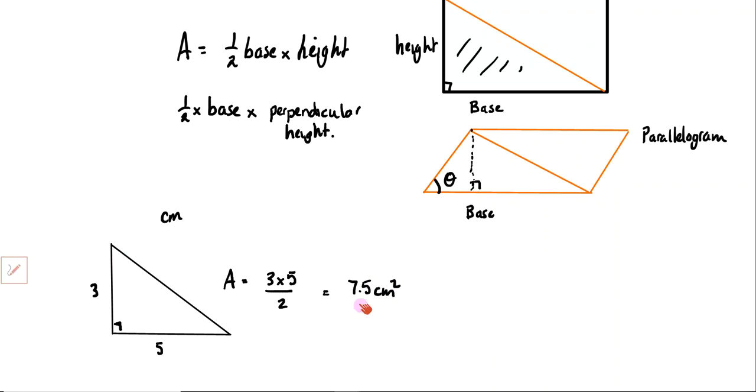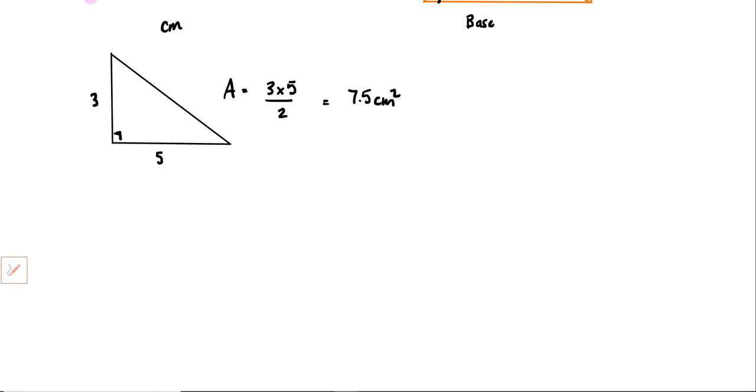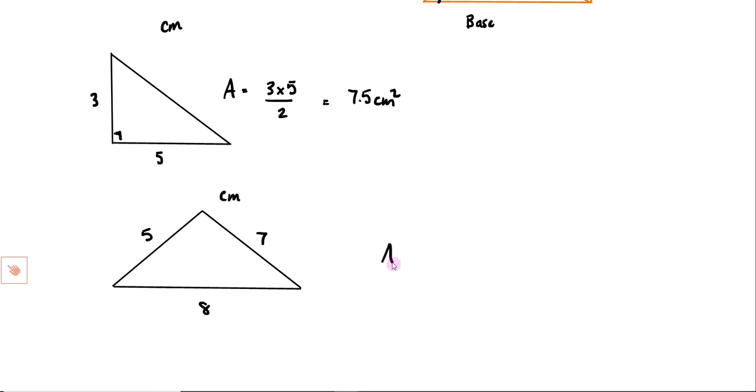That's easy, right? But then your teacher says, right, here is a different triangle. And they say that this is 8 and this is 5. Let's say this is 7 centimeters. And they ask you to work out the area of that triangle.